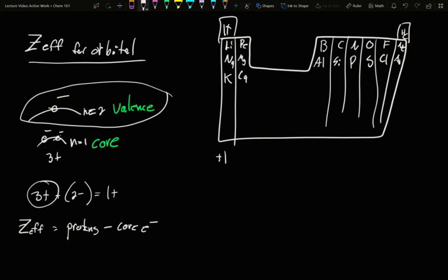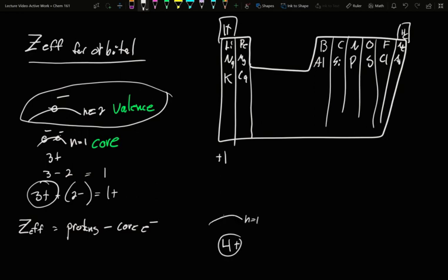So we had 3 protons, and we added the negative charges, but really this is just 3 minus 2 equals 1. As far as your valence electrons are concerned, there were 3 protons and there were 2 core electrons blocking it.